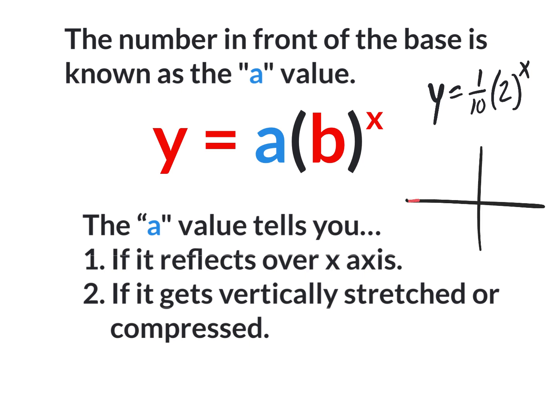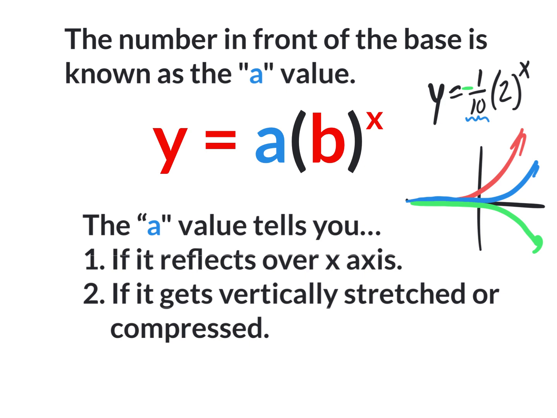If your original one looked like that, then this new one gets compressed because of the 1/10. So it gets compressed, it gets smashed towards the x-axis. Make sense? Now, on the other hand, if you had a -1/10, well, it would still be that vertically compressed fraction, but it'd be reflected over the x-axis.